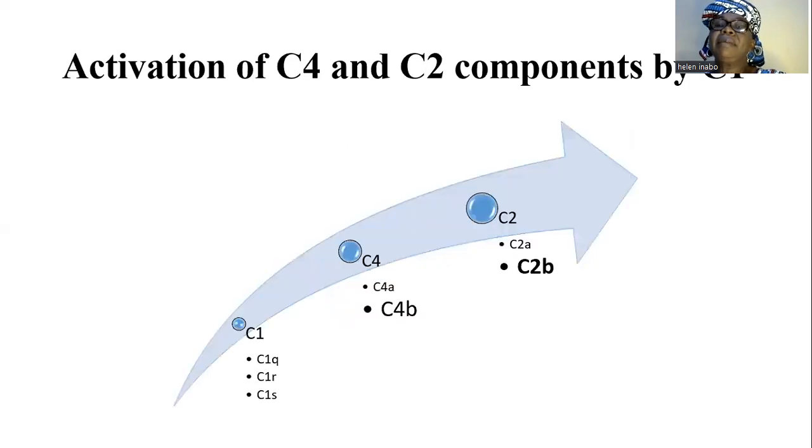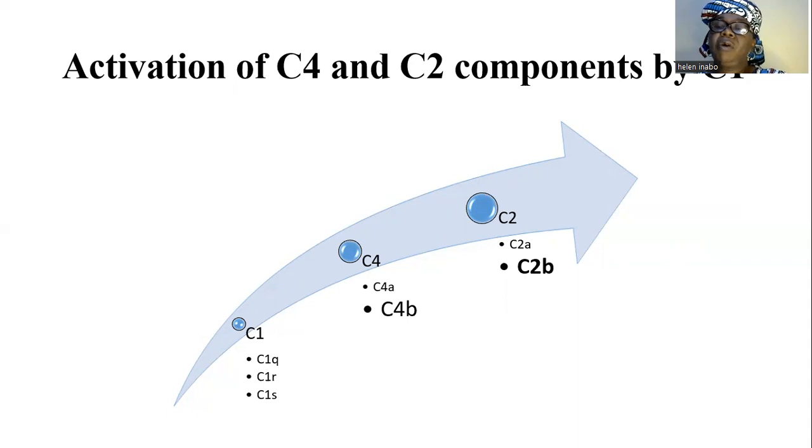Here is the diagrammatic representation of the activation of C4 and C2 components by C1. You can see the progression. The C1, which is made up of C1q, C1r, and C1s, activates C4, leading to the formation of C4a and C4b.